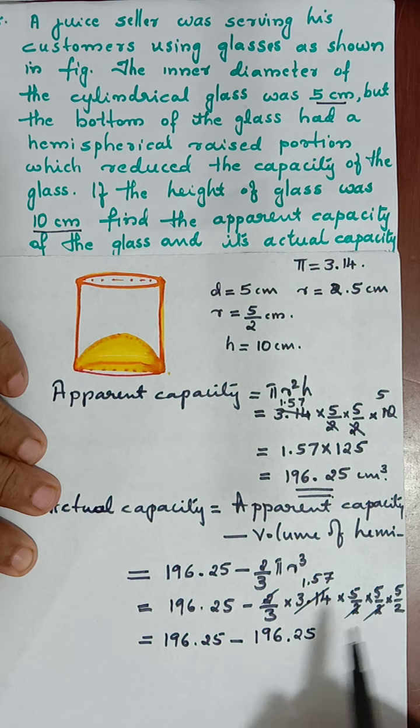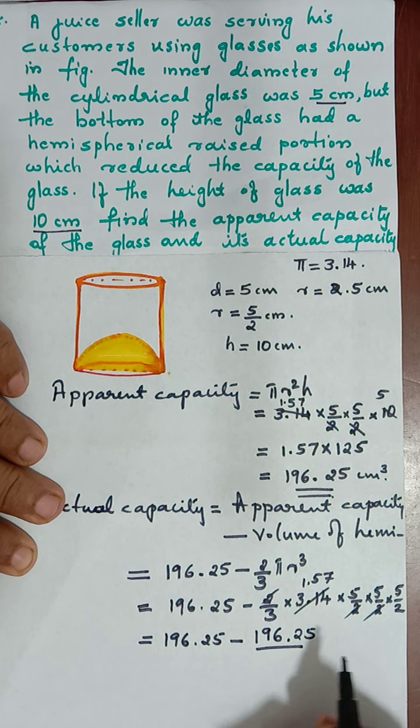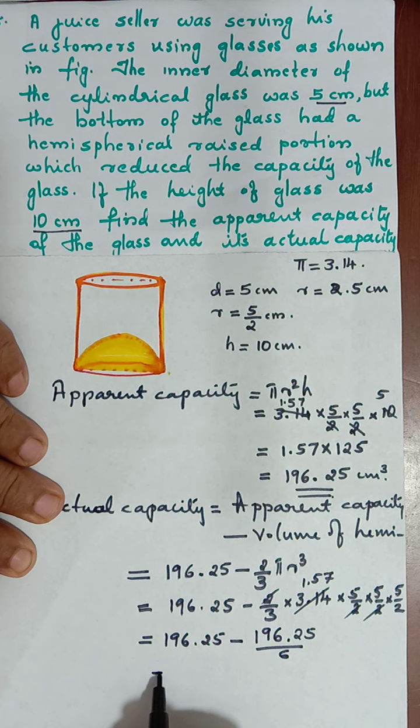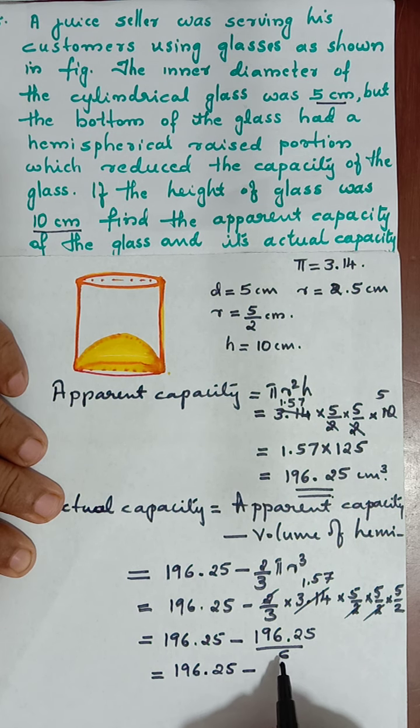196.25, here divided by 3 2s are 6 is there. So 196.25 minus, do the division, get the answer.